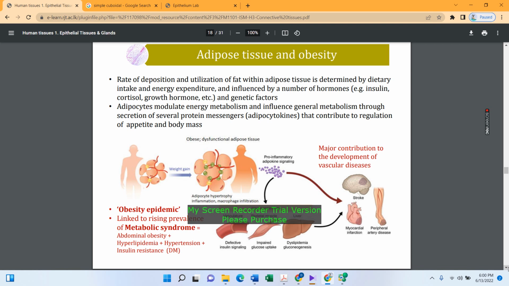Adipocytes modulate energy metabolism and influence general metabolism through secretion of several protein messengers, adipocytokines, that contribute to regulation of appetite and body mass.